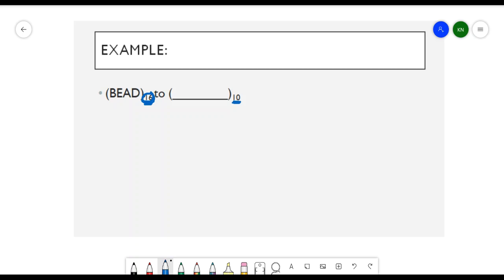We have BEAD, or bead, here, and we need to convert that into decimal. So the same process that we did earlier. I will just write it here. Our original base is 16. So that's 16 raised to 0, 16 raised to 1, 16 raised to 2, and 16 raised to 3.